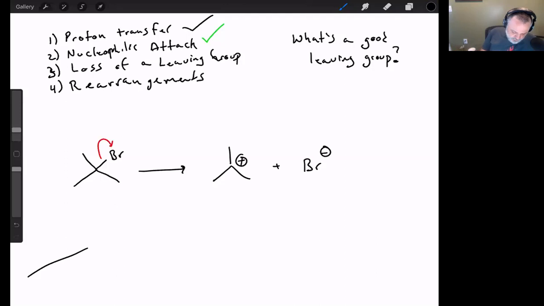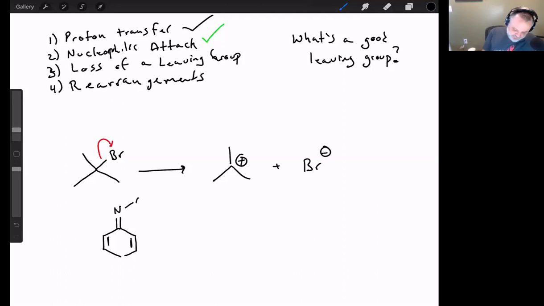Now, most of the time, it's not that simple. Most of the time, it involves more than one arrow, just like nucleophilic attack.